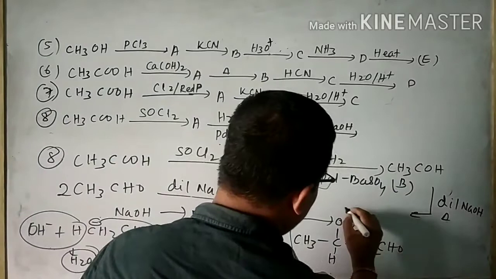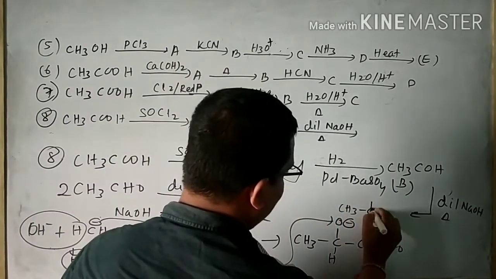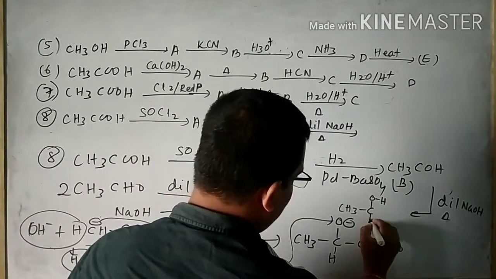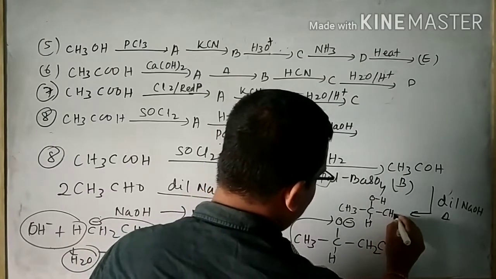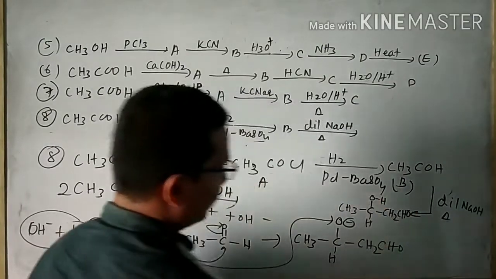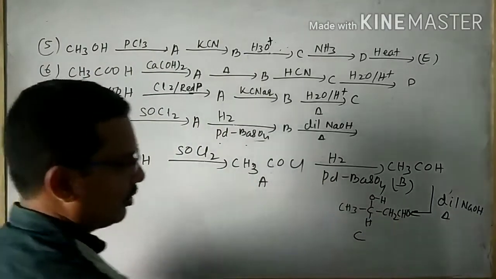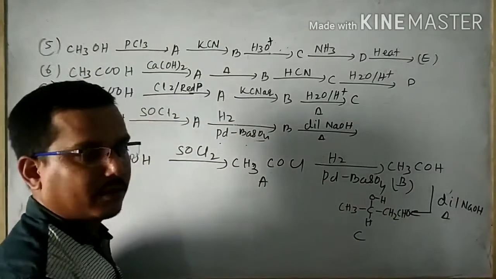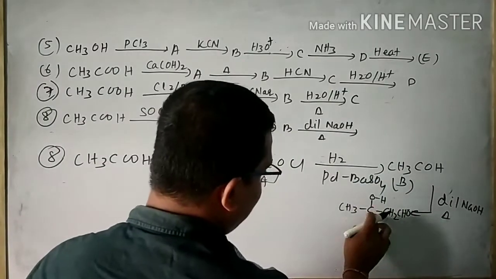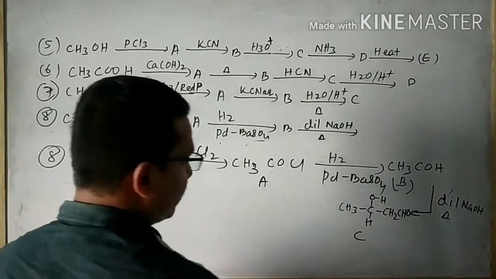That means finally you get CH3 bond CHOH bond CH2 CHO. This is said to be product C. This is your beta hydroxy compound because at beta position OH is present.